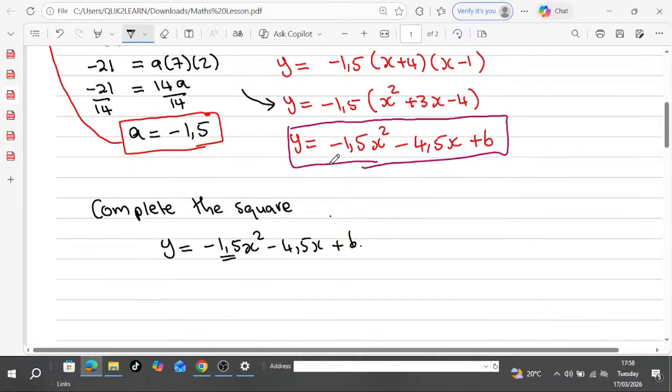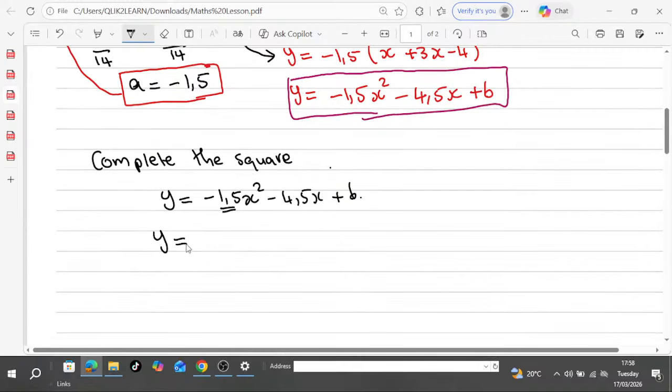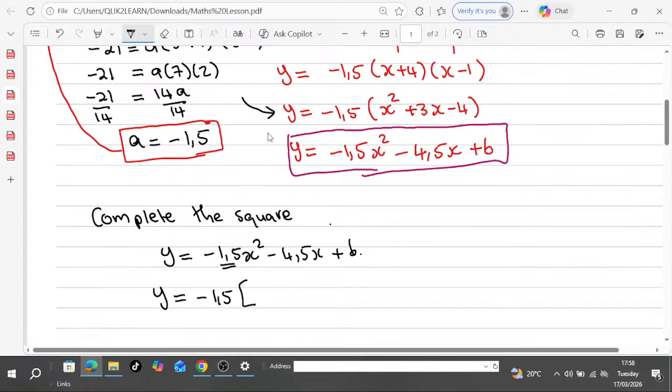We take it out and we can write this as y is equal to negative 1.5 times x squared plus 3x minus 4, close the bracket. Now we can complete the square.